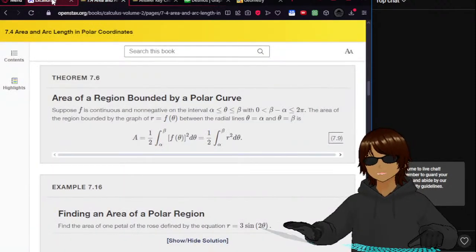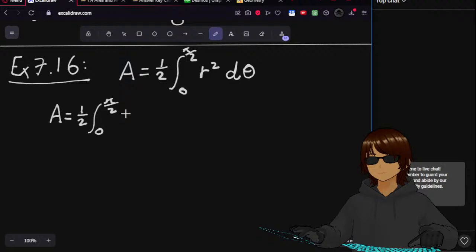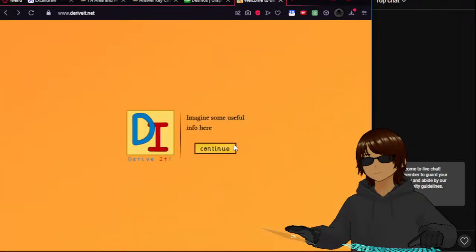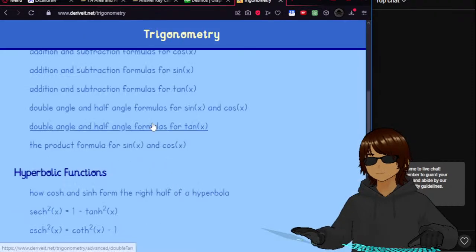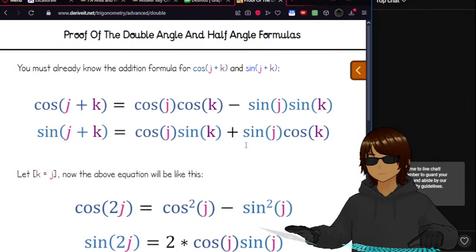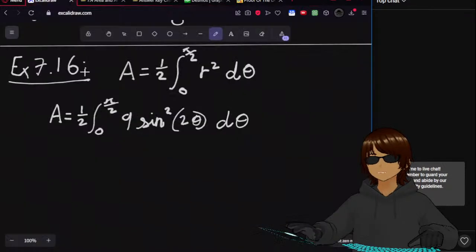We have 3 sine 2 theta, so 9 sine squared 2 theta d theta. Sine squared is 1 minus cos 2 theta over 2.